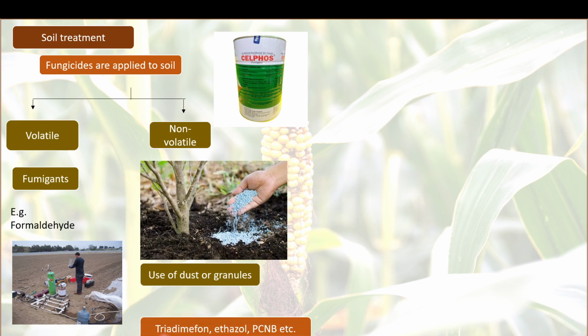So examples are tridimefon, etridiazole, PCNB, etc. These are examples of chemicals that are used for soil treatment.